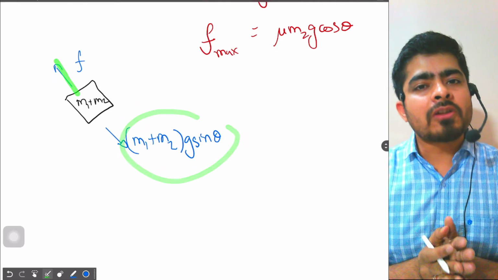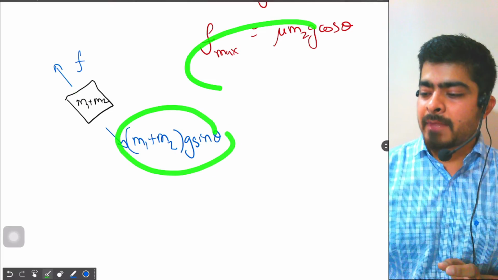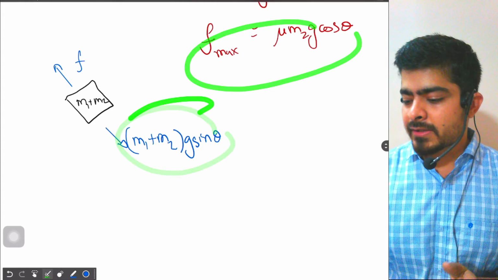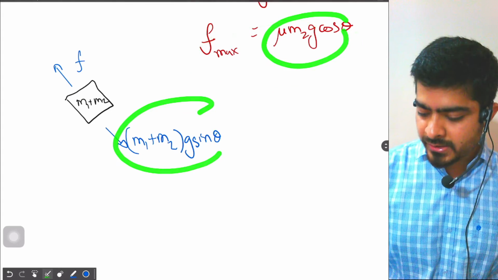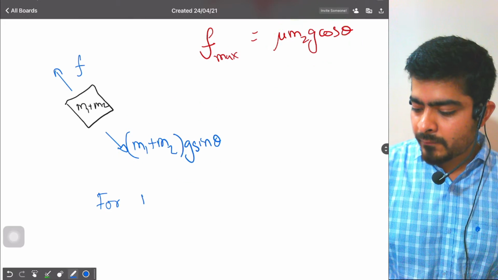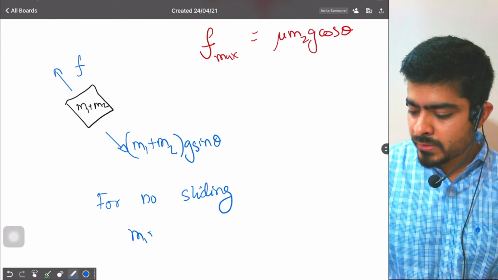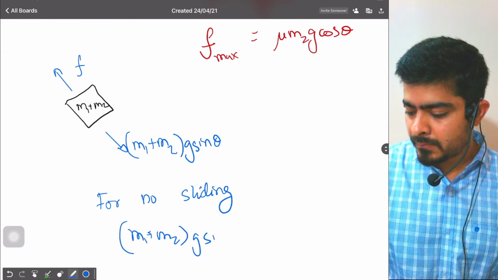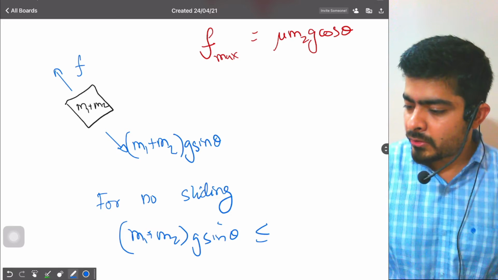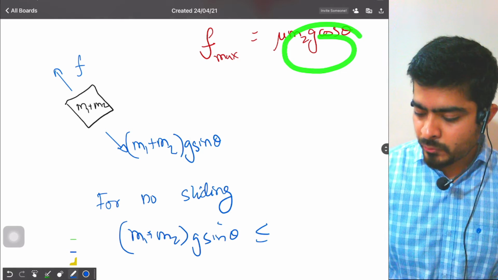The blocks will not slide if this value is less than the maximum friction, and the blocks will slide if this value is greater than the maximum friction. So for no sliding, (m1 plus m2) g sin theta should be less than or equal to the maximum value of friction, mu m2g cos theta, right?